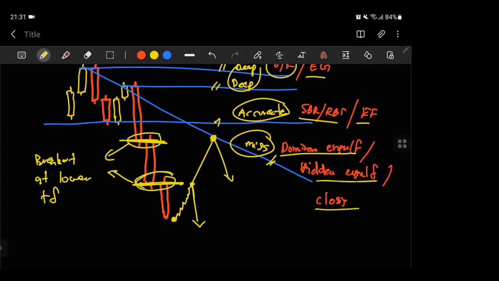So in this level, which we call miss, the price is respecting it because there is a breakout at a lower time frame. It doesn't matter which time frame, but it will have a breakout. And if the market is reacting at that area, then the price will go.